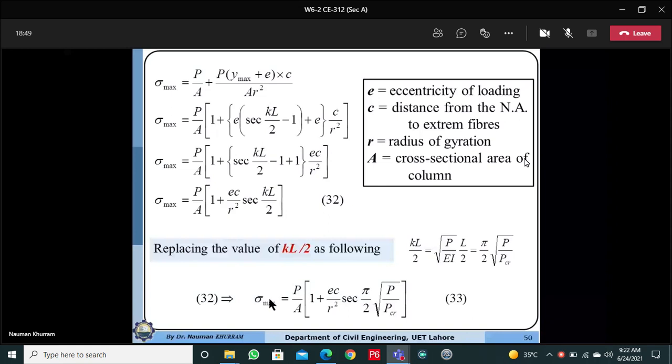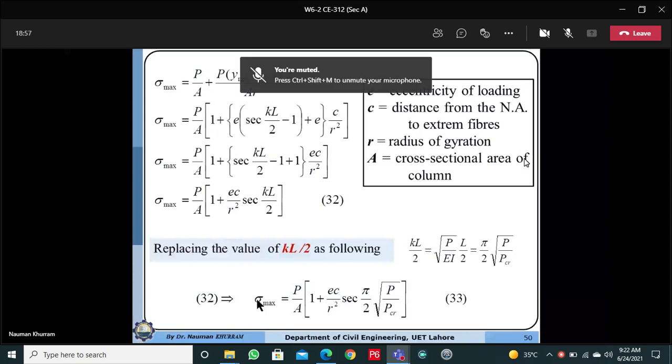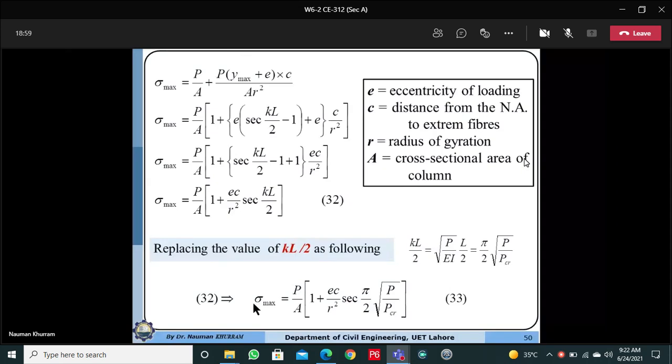These maximum stresses can be compared with the allowable stresses or yield stress of the material to check the safety of the column. P critical is constant because P critical is the Euler critical load about the bending axis. So if we are given the applied load with an eccentricity and geometric properties, then it is easy to determine the maximum stress by this equation 33.